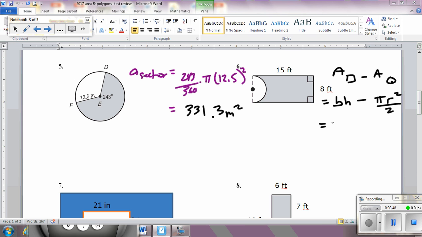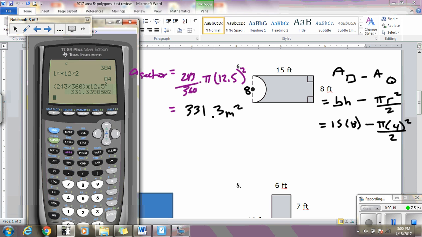So for my rectangle, it would be 15 times 8. And then the diameter of my circle is going to be the same measurement as the height of our rectangle, so it's 8. So if that's my diameter, 8, that means my radius is 4. And it's over 2. To be on the safe side, you might want to do this in multiple stages, but I'm just going to type it all in together.